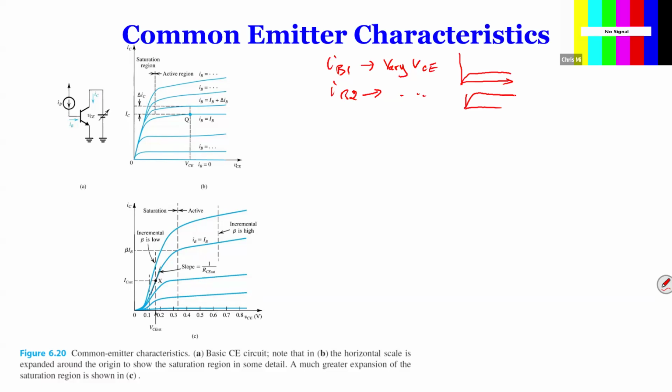But this area is not what we're interested in. In this class we're mostly interested in this area, and in other classes you might be interested in the saturation operation, and off and saturation.